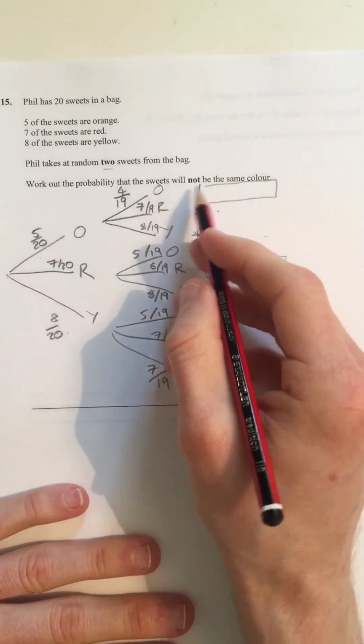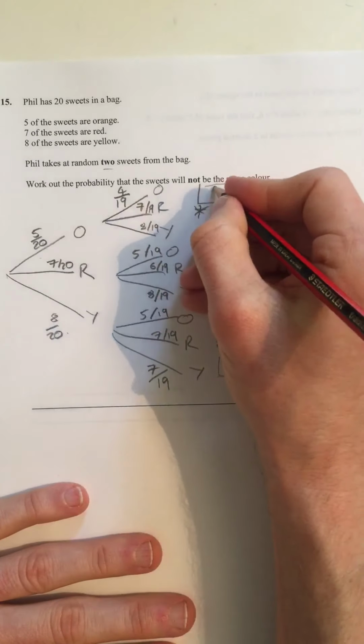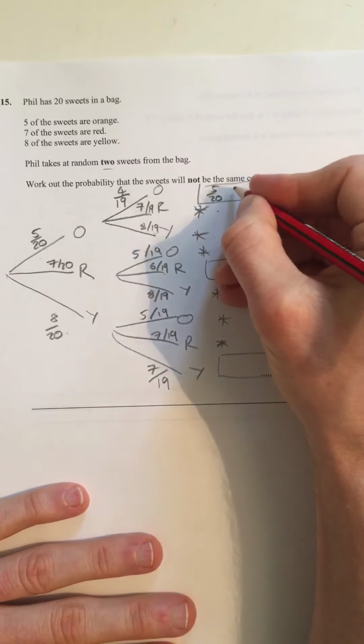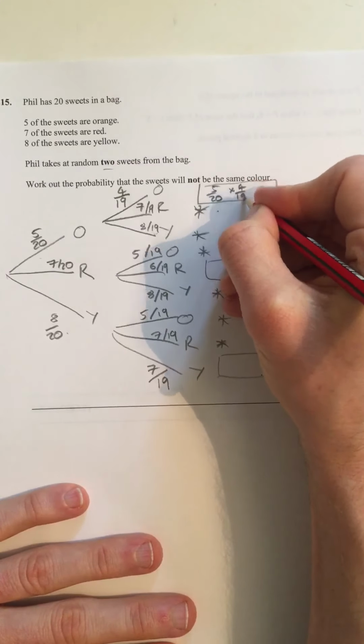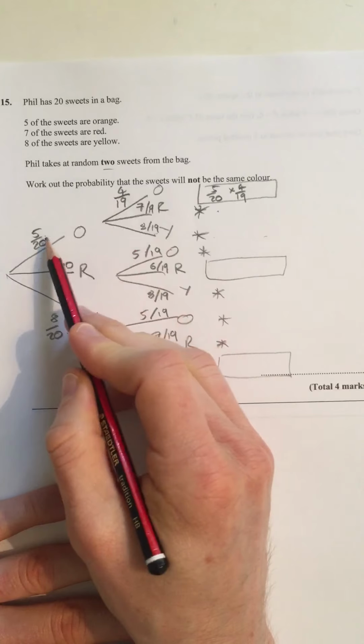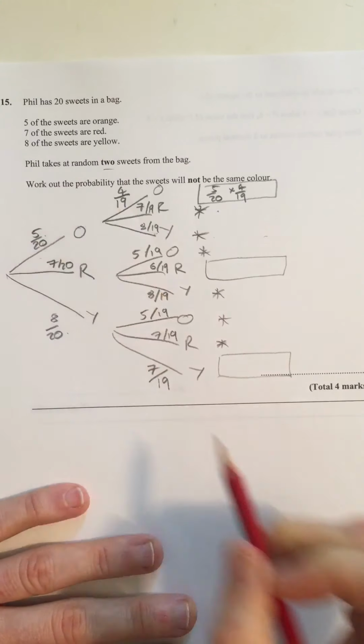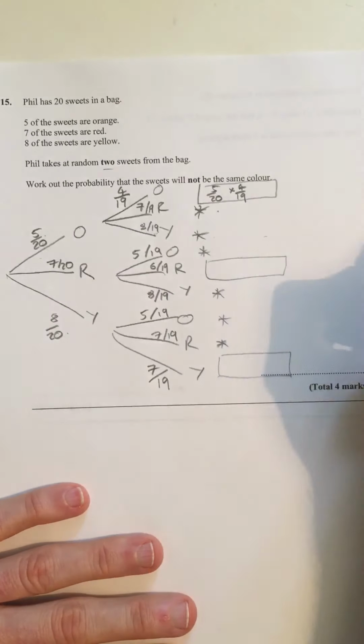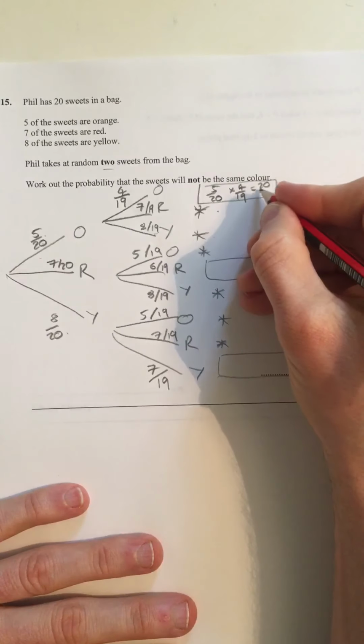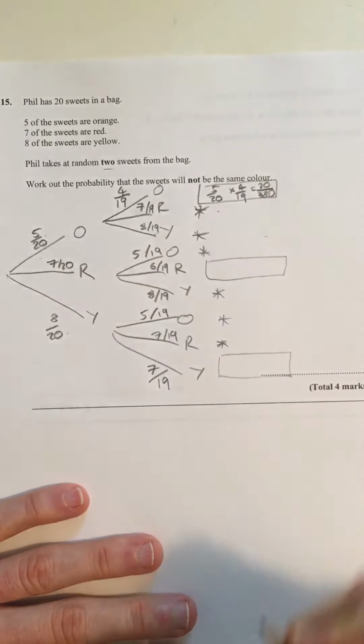So the probability they will be orange and orange, that's going to be 5 out of 20 times 4 out of 19. The probability of the first sweet being orange multiplied by the probability that the second sweet is going to be orange. And that will make 20 out of 380.